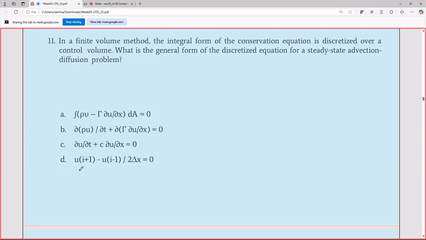Option D, u of I plus 1 minus u of I minus 1, all divided by 2 delta x, is equal to 0. Which among the following gives the discretized equation for a steady state advection diffusion problem? You can inbox your answers.